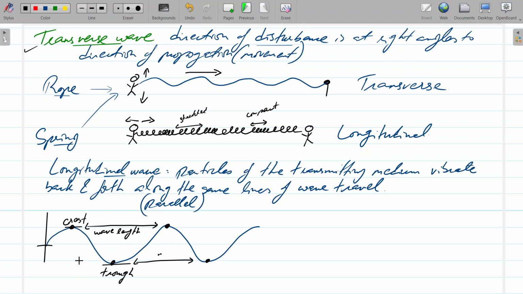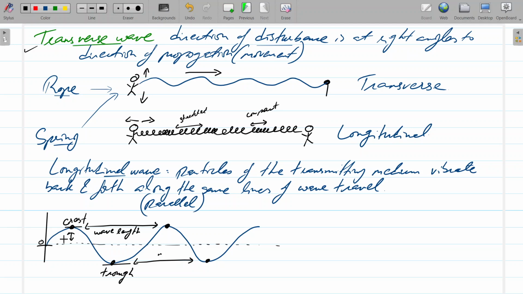And if I just draw a dotted line over here, the maximum displacement of the wave from the mean position, let's say this is point 0. The wave is starting from here, it's coming back to 0, then it's going to a trough, then it's rising again.